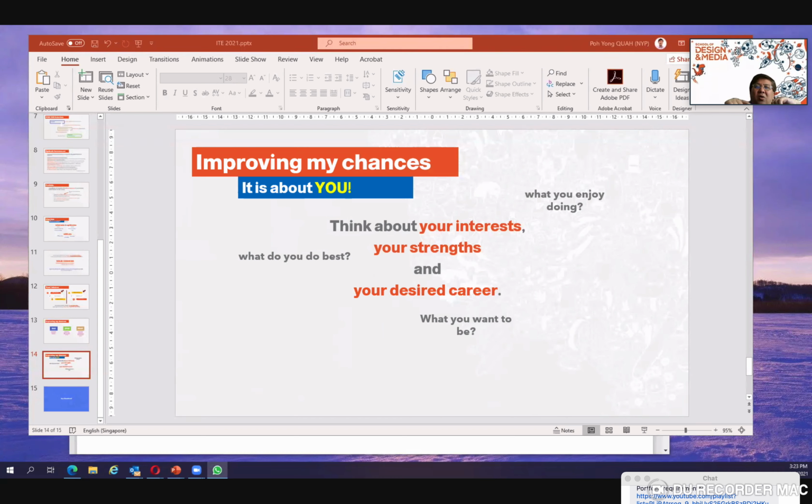How do you submit? Very simple. You put your portfolio into a shared drive and then you share the link to the shared drive. Are you familiar with Google Drive? Yes. So you put your selected work into your shared drive, and then you share the link to the drive.